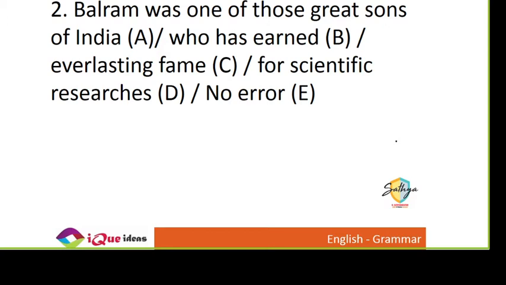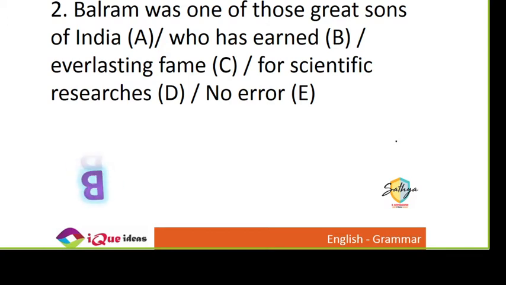So, who has earned the everlasting fame refers to whom? The everlasting fame is earned by whom? Not Balram. That is the classic mistake. The everlasting fame refers to the achievement of the great sons of India. So when there are multiple sons, we do not say who has earned everlasting fame, right?